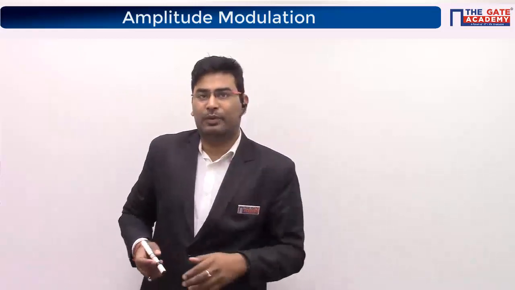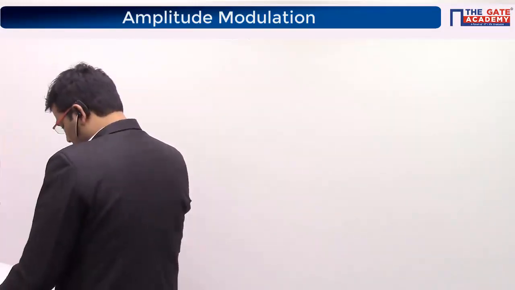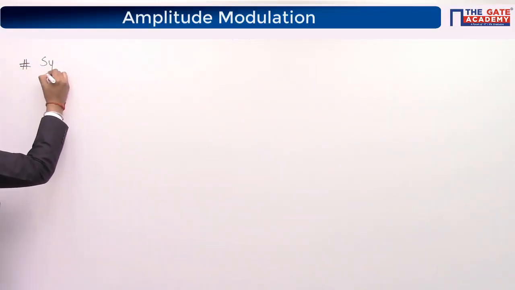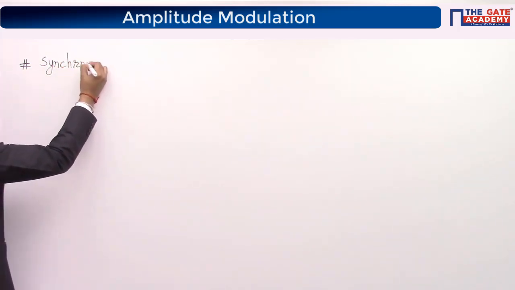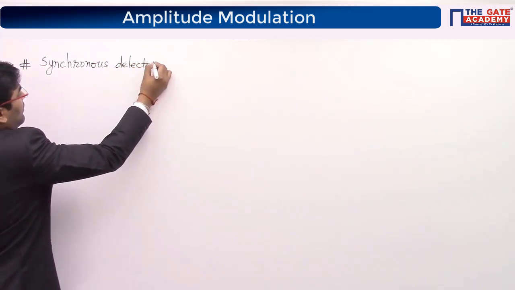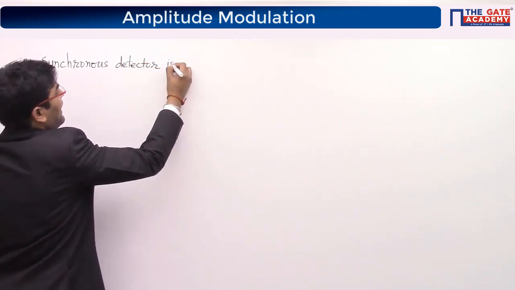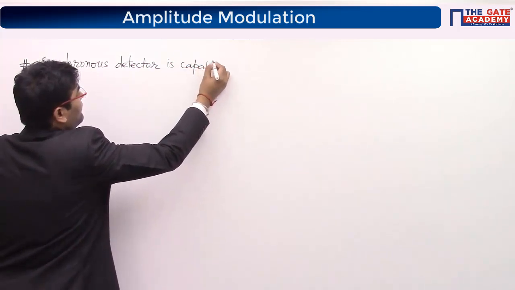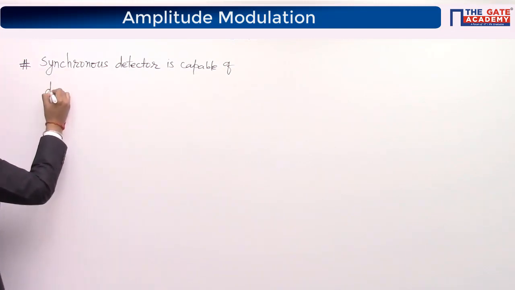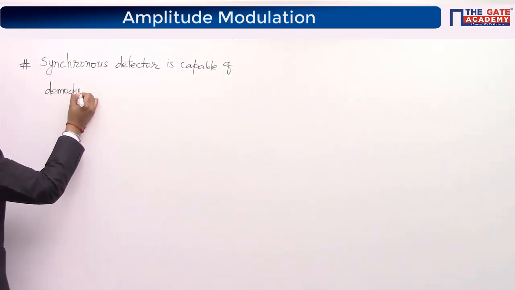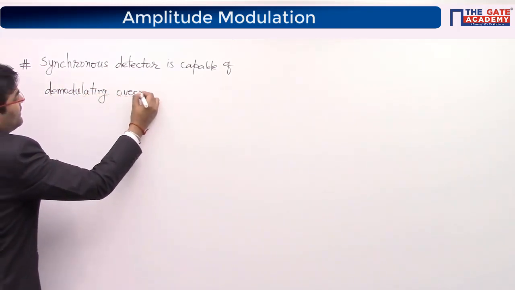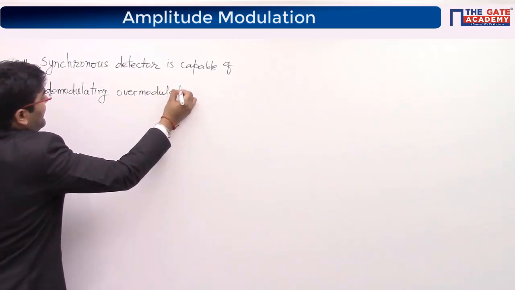So let me jot down those points so that you can also write. First point which I discussed: the synchronous detector is capable of demodulating an over-modulated AM signal.